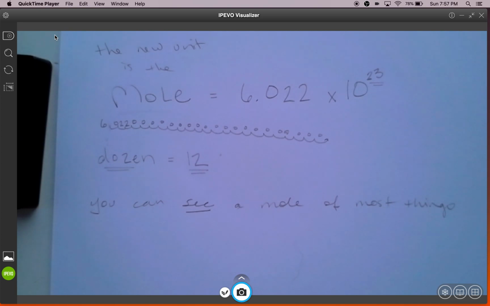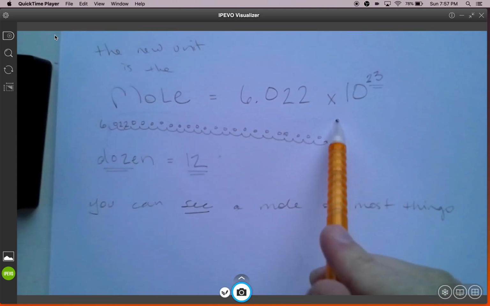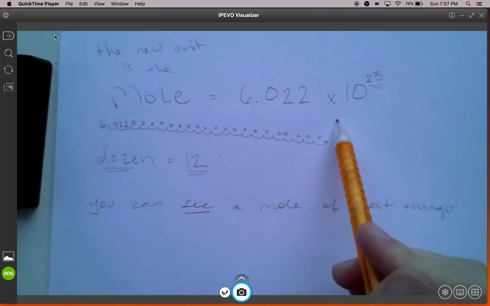And I'd say, you can figure out if you had a mole of shoes, like your favorite shoes that you have on right now, how many times could you go to the moon? If you measured how big your shoe is, and then you had a whole mole of those shoes, how far would it take you? Which planet could you reach? This is a really big number.